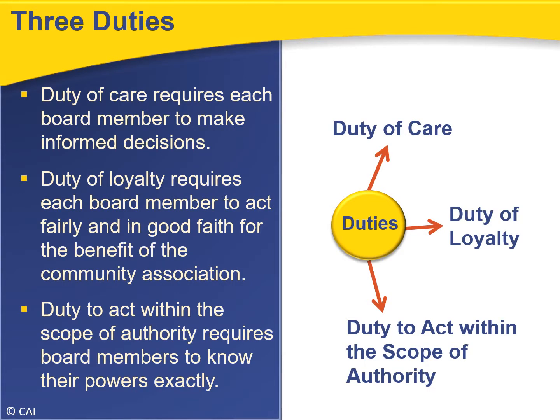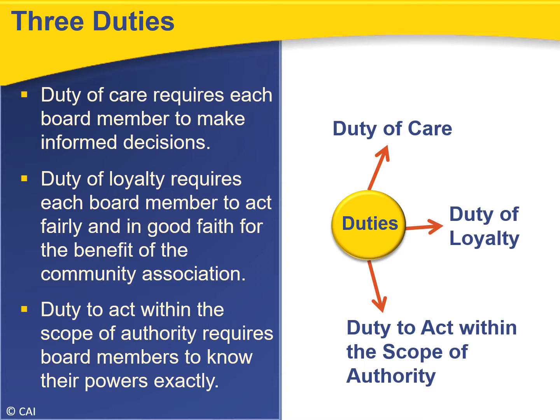Board members must also be clear on what their duties are. Duties are generally derived from state corporate law. In California, community associations are governed by the Davis-Sterling Act, Corporations Code, Vehicle Code, and more depending on the specific situation.